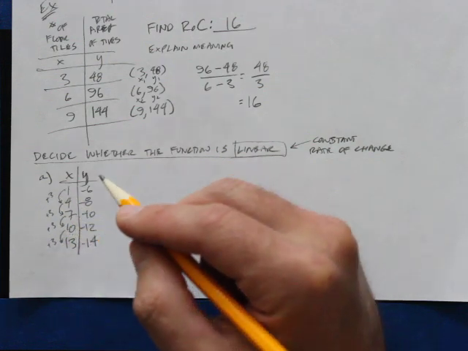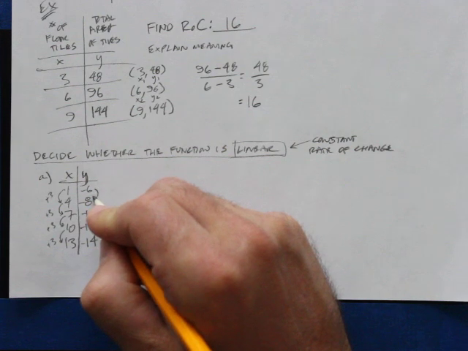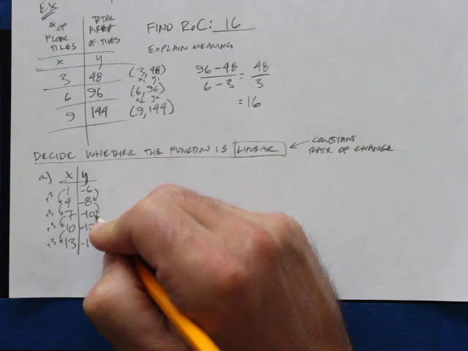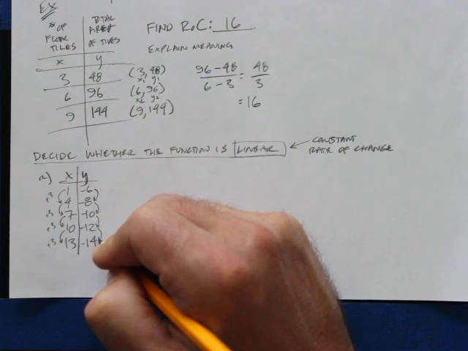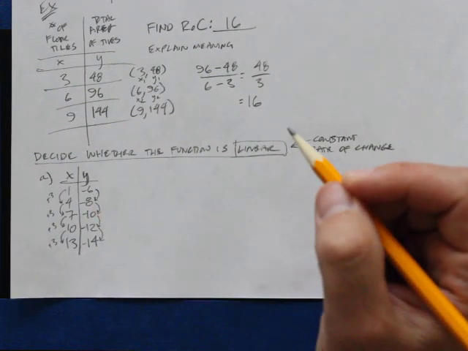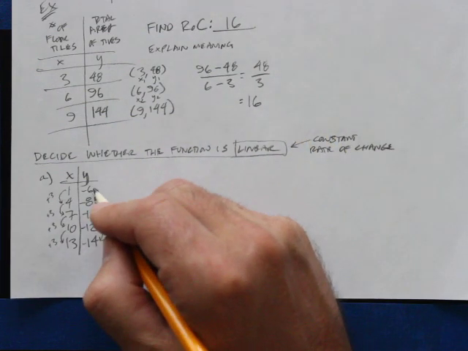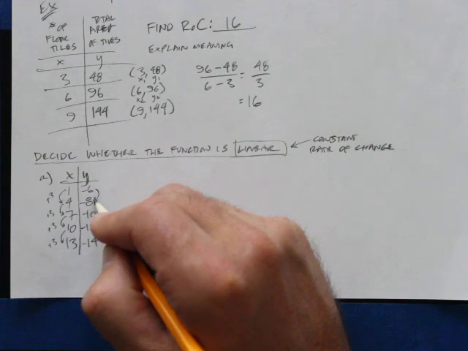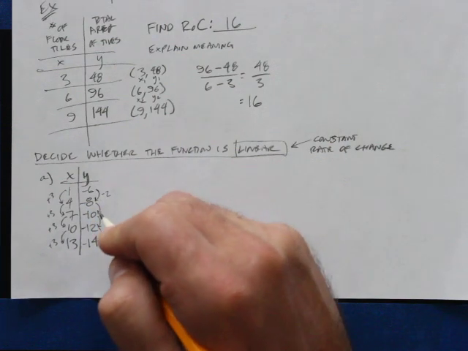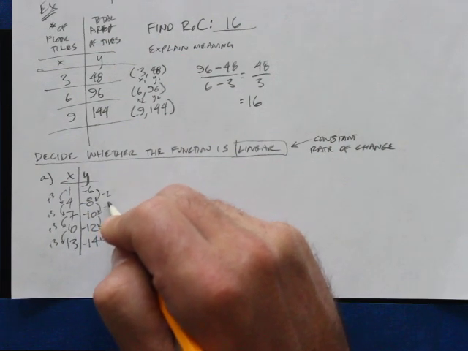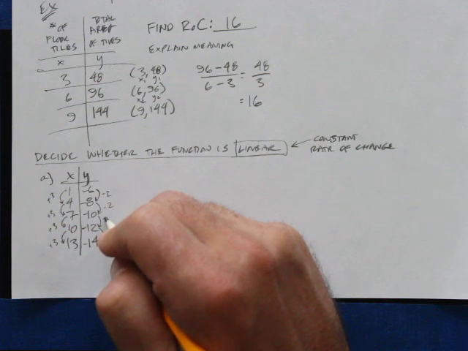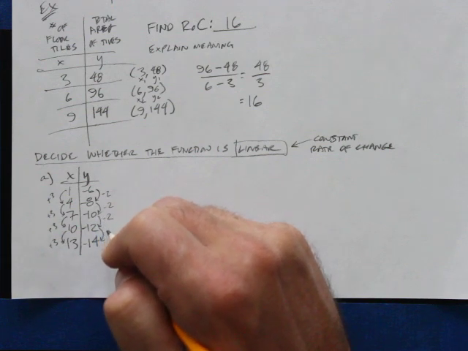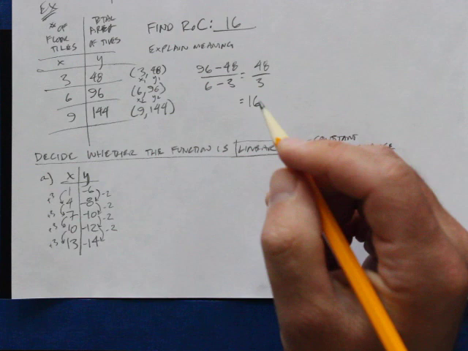So that's good. Now, if these values are all the same as one another, then we know the rate of change is going to be constant. So let's see if that's true. -6 to -8, that's -2. -8 to -10, that's -2 again. -10 to -12, that's -2. -12 to -14, that's -2.